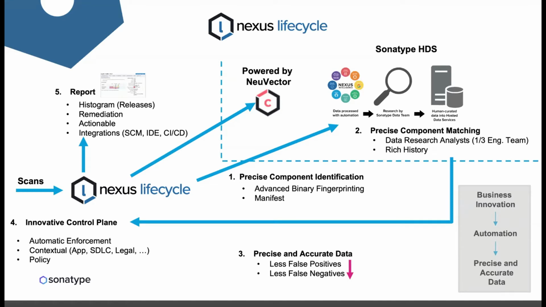And we also generate the reports, which you'll see here in a minute. In the case of open source, with a histogram of different releases and what might break your code and not. And so that's kind of the background of how our software composition analysis works.